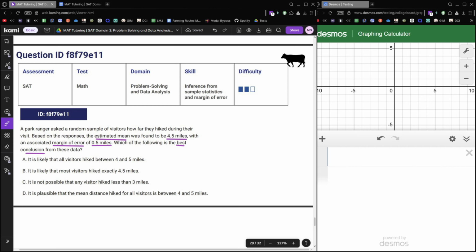Our result is 4.5 miles, then we want to add and subtract 0.5 miles from it. If we subtract 0.5, we would get 4, and then if we add 0.5, we would get 5. So that means our answer can be between 4 and 5 miles, so it's not going to be B or C. Now we have to choose between A or D, because they both say between 4 and 5.